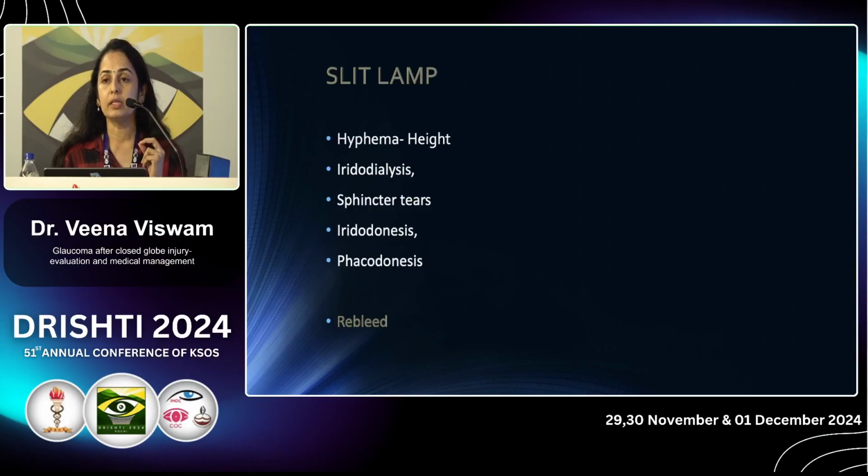Also look for other findings like iridodialysis and sphincter tears. Hyphema patients, because of the extent of injury, may be associated with phacodonesis or iridodonesis, and a chance of rebleed should always be kept in mind while you are treating a patient with hyphema.